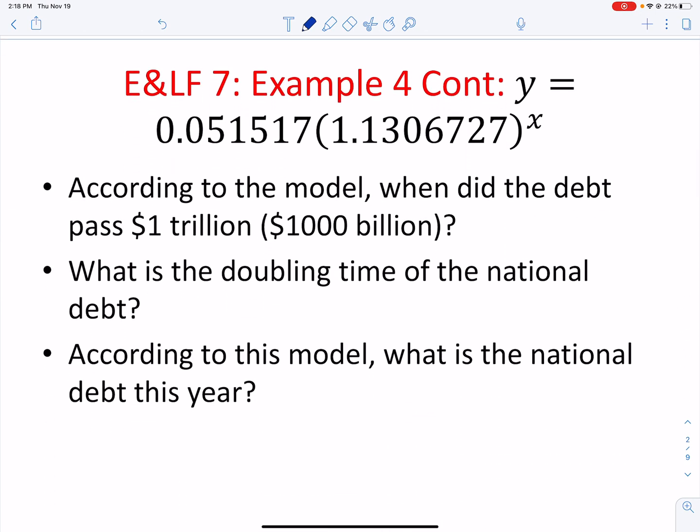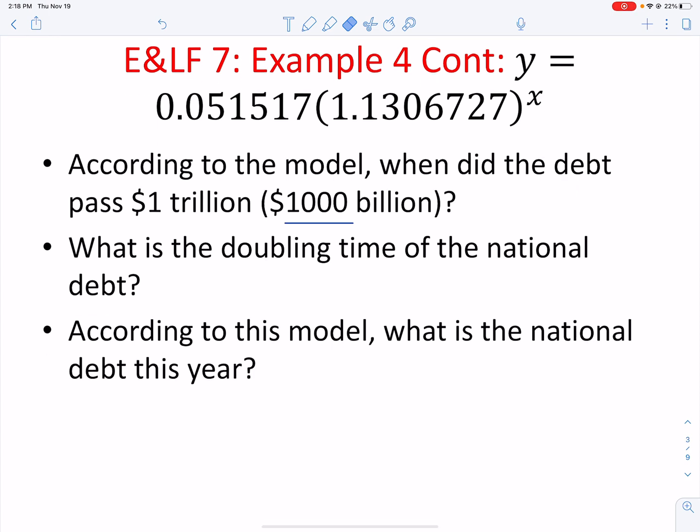Now it's still continued. It's saying, according to the model, when will the debt be $1 trillion, which is 1,000 billion? So it's basically telling me that it wants me to figure out 0.051517 times this stuff to the x.